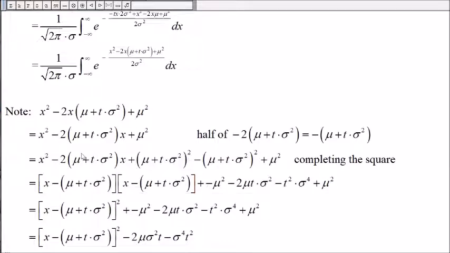So these are the factors for the first three terms, and we just write this as (x minus (mu plus t sigma squared)) squared.